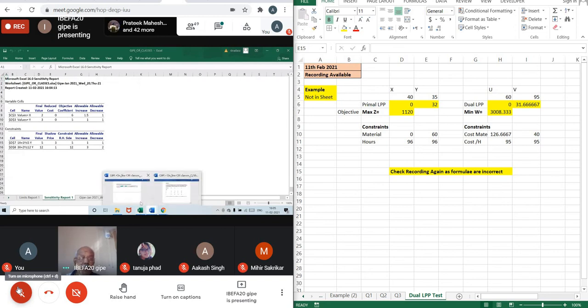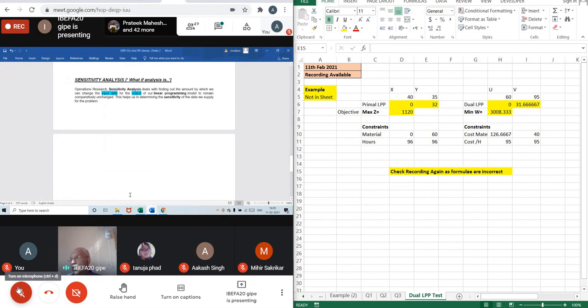So, once you complete this, there are many ways you can work on LPP. In short, I can say alternative types of allocations without affecting your objective function.